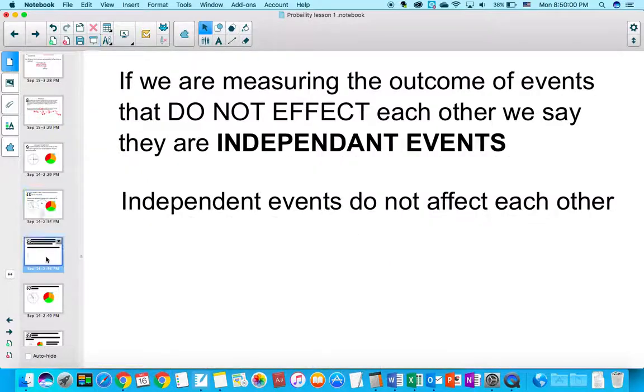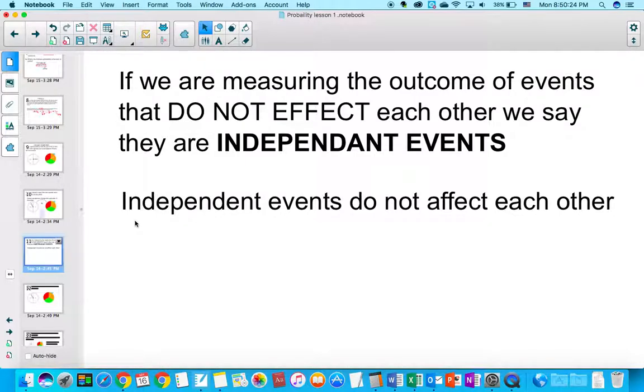Perfect. So if we are measuring the outcomes of events that do not affect each other in any way, then we say that these events are independent events. They do not affect each other, they don't touch each other, they don't change each other's outcomes.